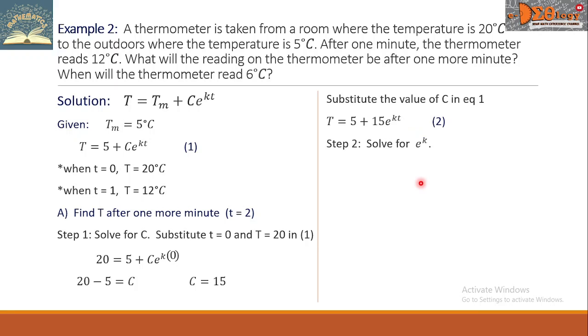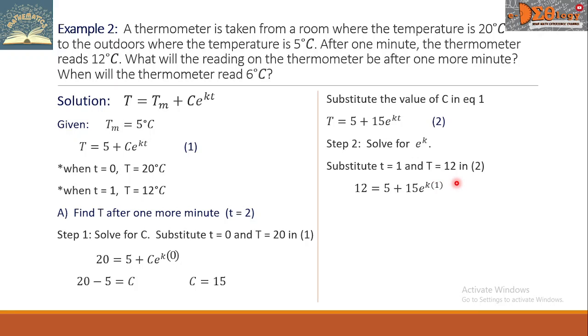Step 2 now is to solve for e raised to k. We will substitute t equals 1 and capital T equals 12 in equation 2. Equation 2 now becomes like this. 12 equals 5 plus 15 times e raised to k times 1. K times 1 is simply k.